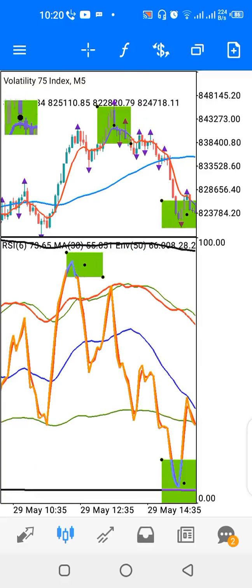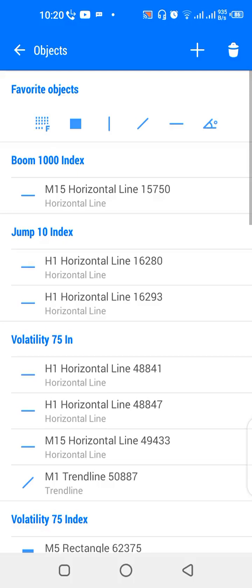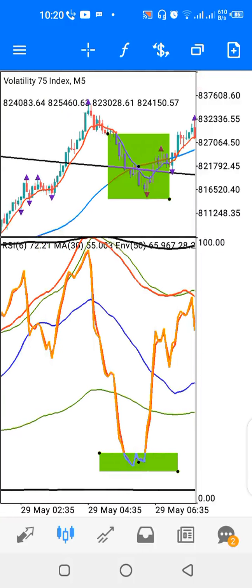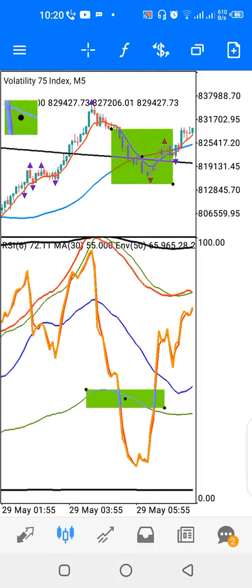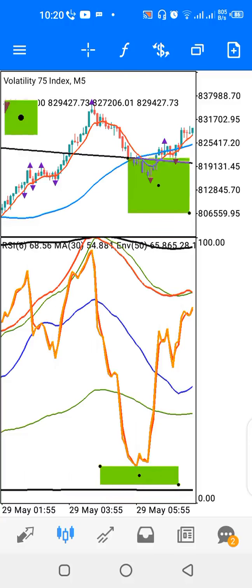Okay, so you can look at what happened around here. You can see what happened around here. This cross down below the lower envelope line and then almost getting to our black lower Bollinger Band around here. And if you look at the main chart, we have a bottom here.